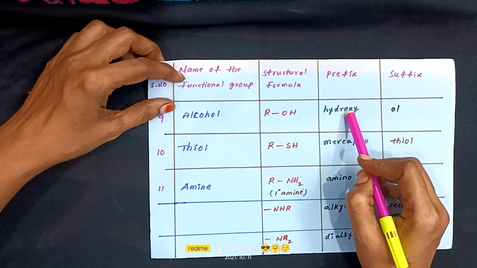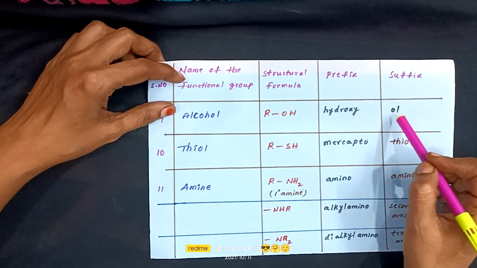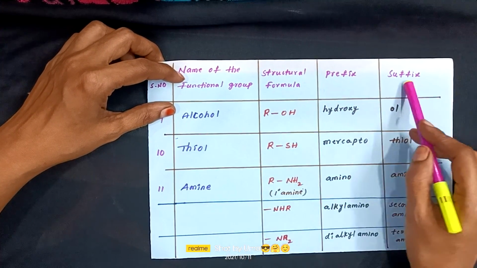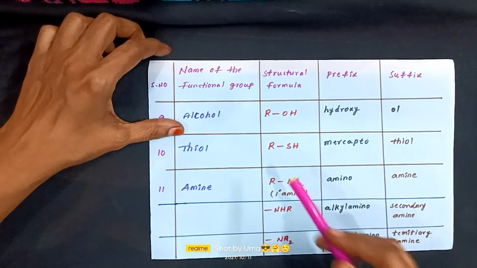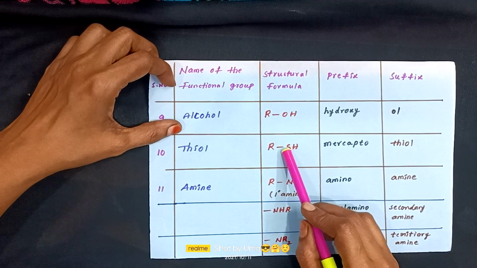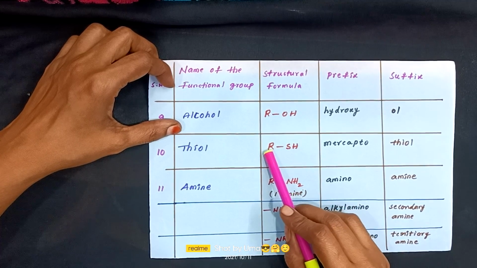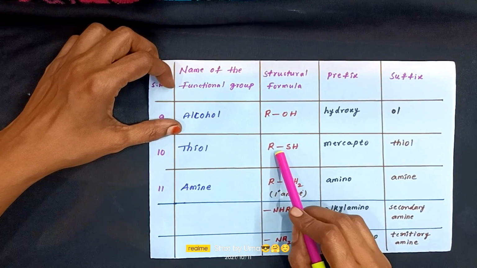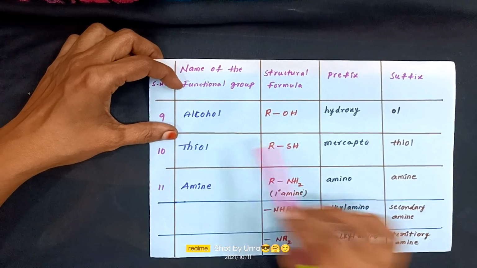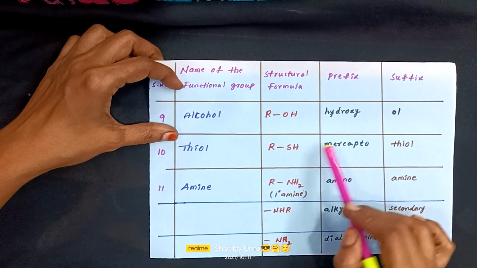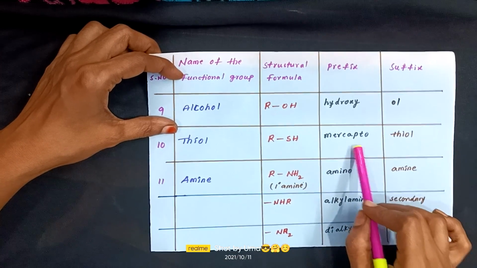So hydroxy is the prefix of alcohols, ol is the suffix of the alcohol. And thiol means what, children? If sulfur and hydrogen are attached to the alkyl group, then it is said to be thiol. We can write thiol as a suffix of it, and the prefix of thiol is mercapto.